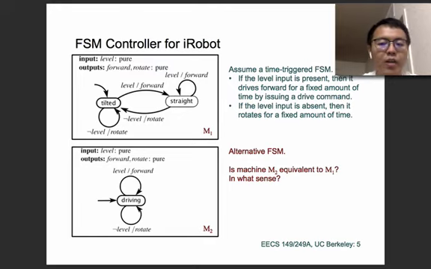The sensor tells us its level, and then it will self loop to produce the output forward. And if it is not level, it will rotate. So are these two state machines equivalent? Specifically, is M1 equivalent to M2?